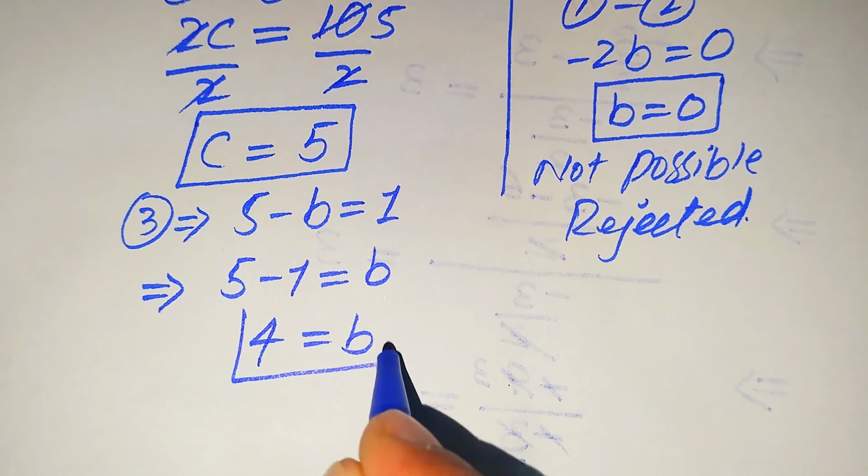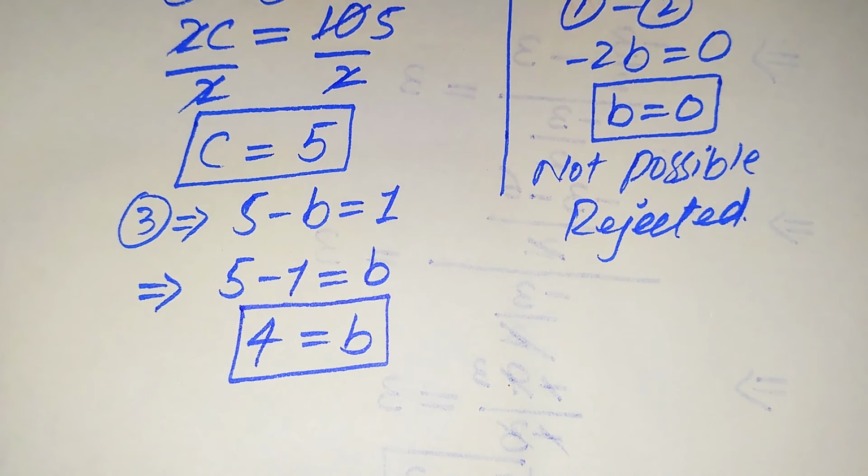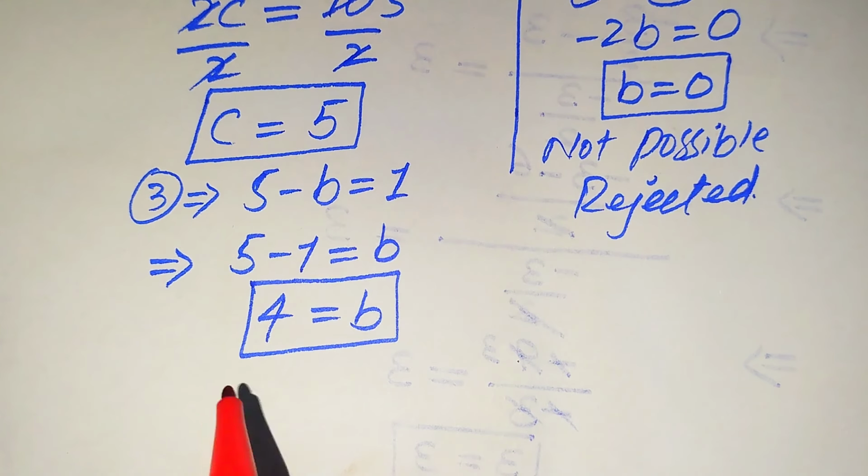So the values are b equals 4 and c equals 5. Now we have all three side lengths of the given triangle, and we use the perimeter formula to get the required value.